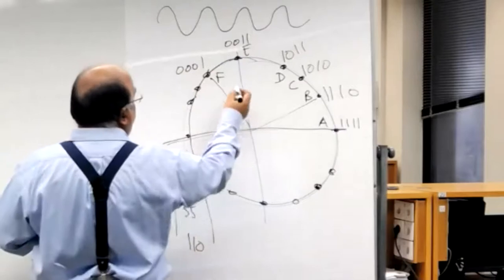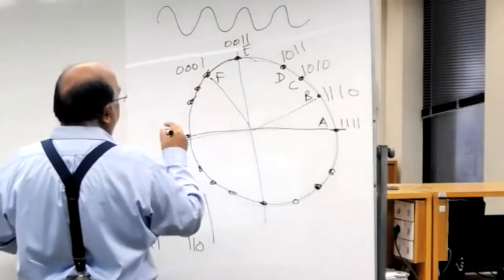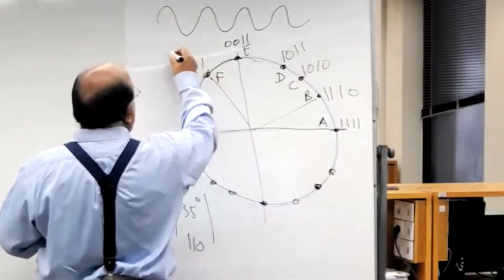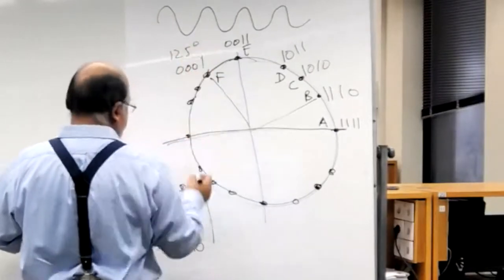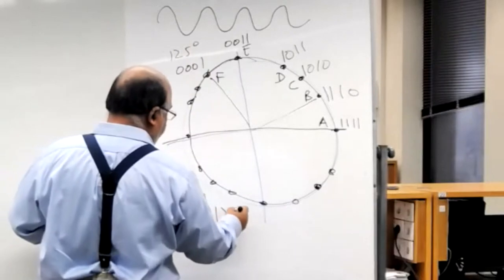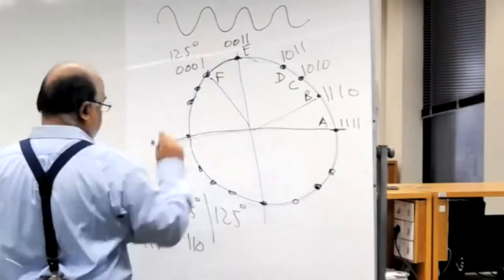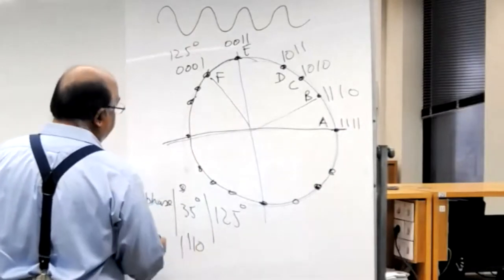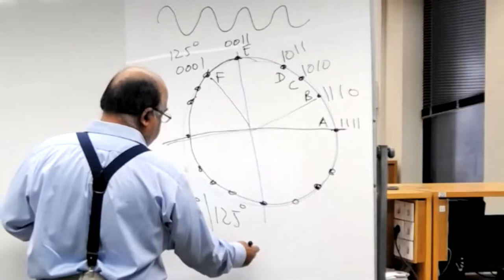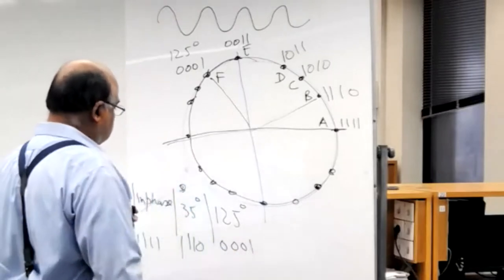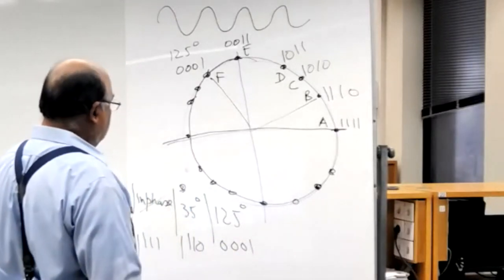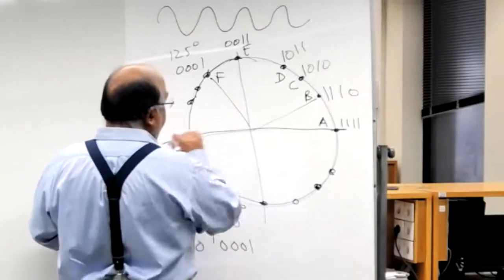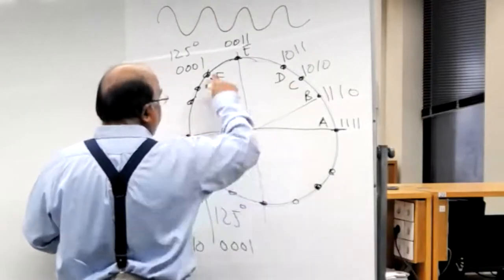And this is 90 plus 35, 125 degrees, suppose. So if I am getting a 125-degree out of phase signal, the receiver would know that I am sending 00001. So actually, when I send a bit stream, I am shifting between these points at very high speed.